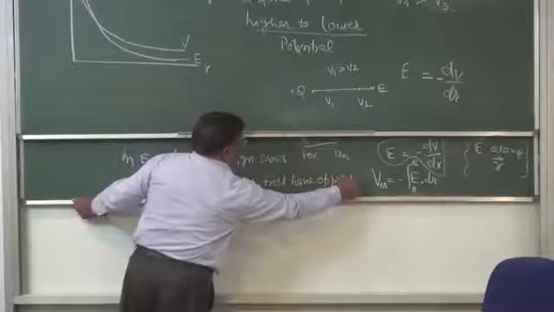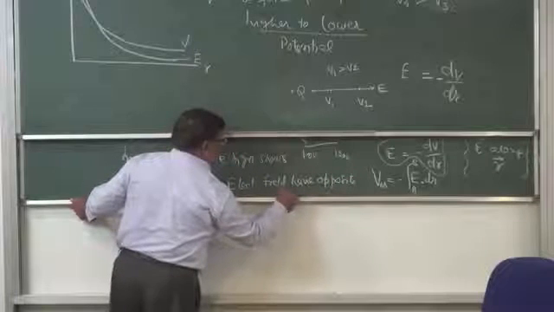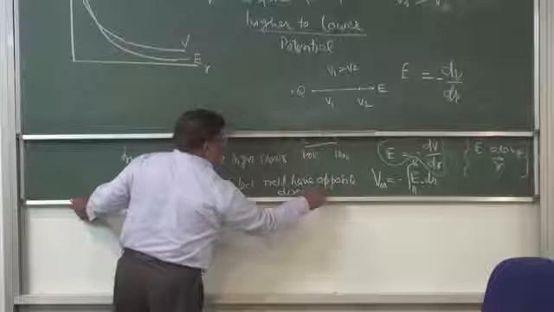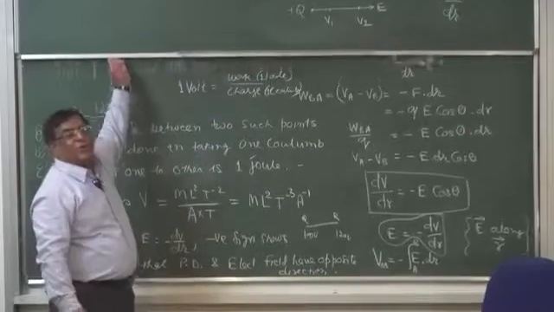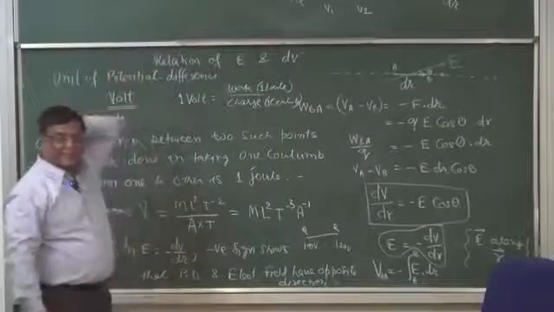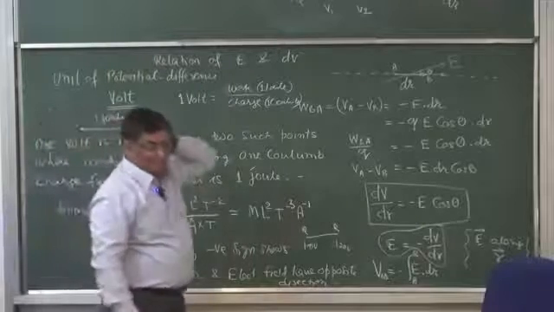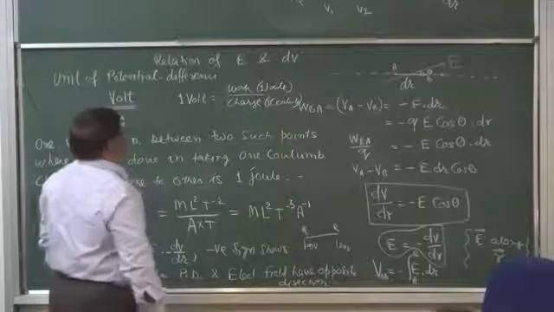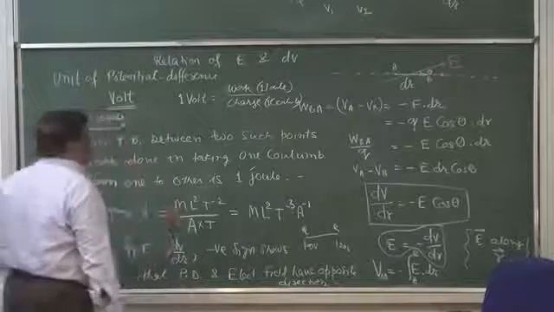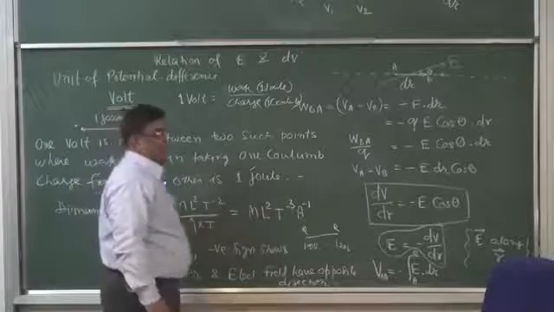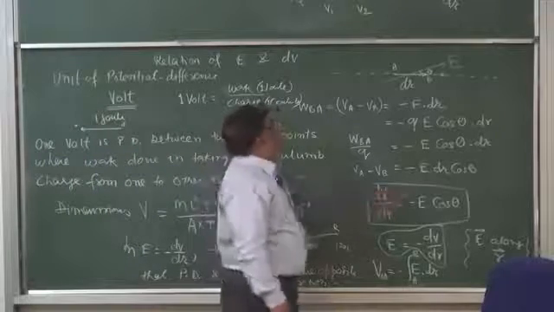Now you understand what is meant by opposite direction? What have we taken as the direction of potential difference? Lower to higher, increasing. Okay, so these are certain relations between E and dV. This is a very important relation.